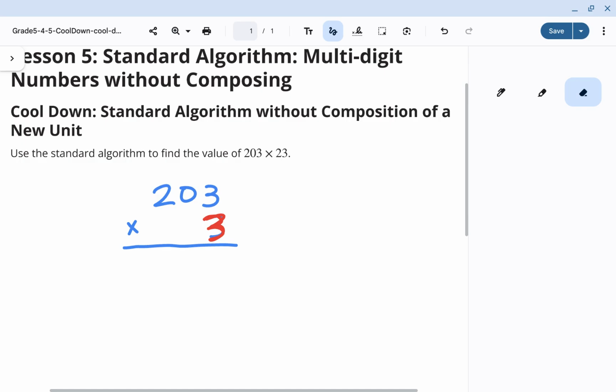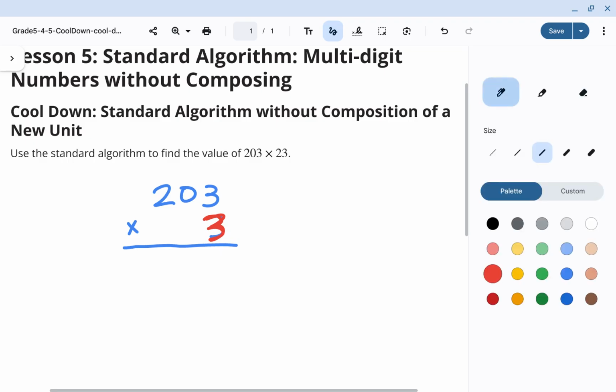We will remind ourselves that there is a 2 there, but right now you can ignore it. Use your finger and cover it up, or in my case, I simply made it go away, which normally you won't be able to do. But again, it's almost like you can put a blinder on the tens place. Only focus on the 3. Divas don't like to share, so right now we are all about the 3 in the ones place to start off our standard algorithm multiplying.